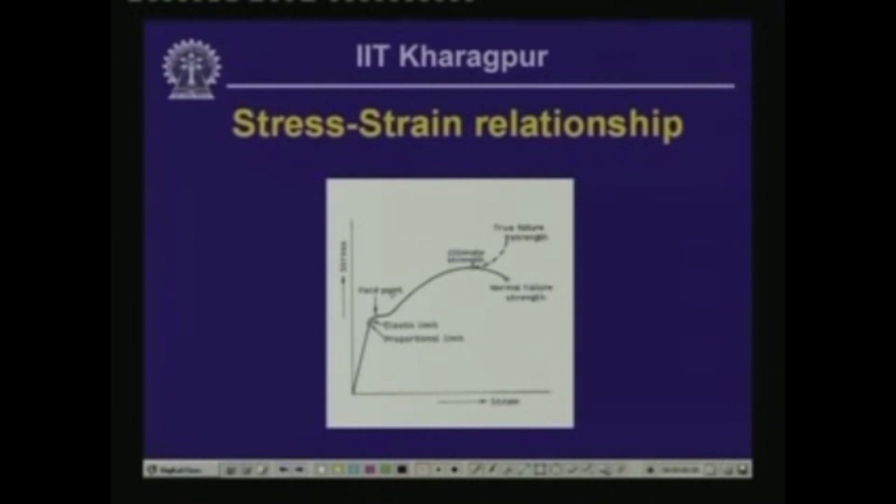The limiting point up to which, on removal of the load, the material comes back to its original position, we call the elastic limit, and this is what is indicated over here. Up to that limit, we expect that the stress is proportional to the strain, which is popularly known as Hooke's law.